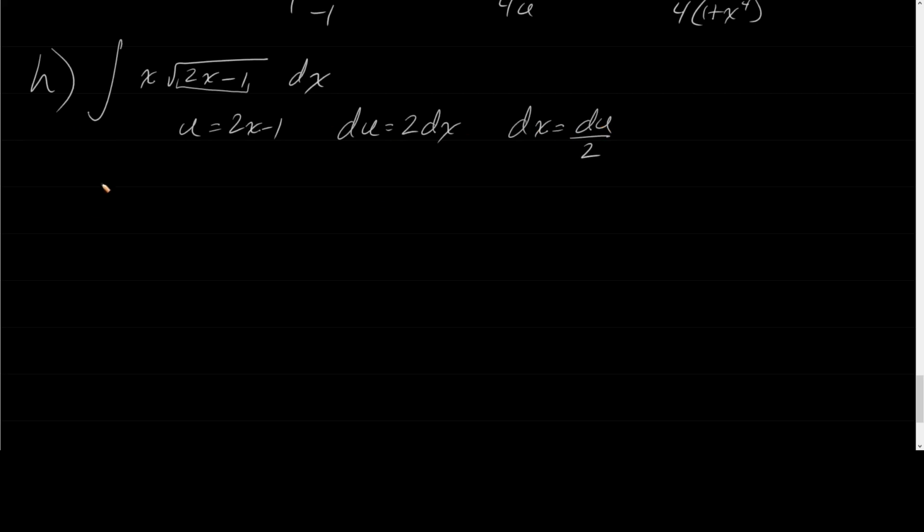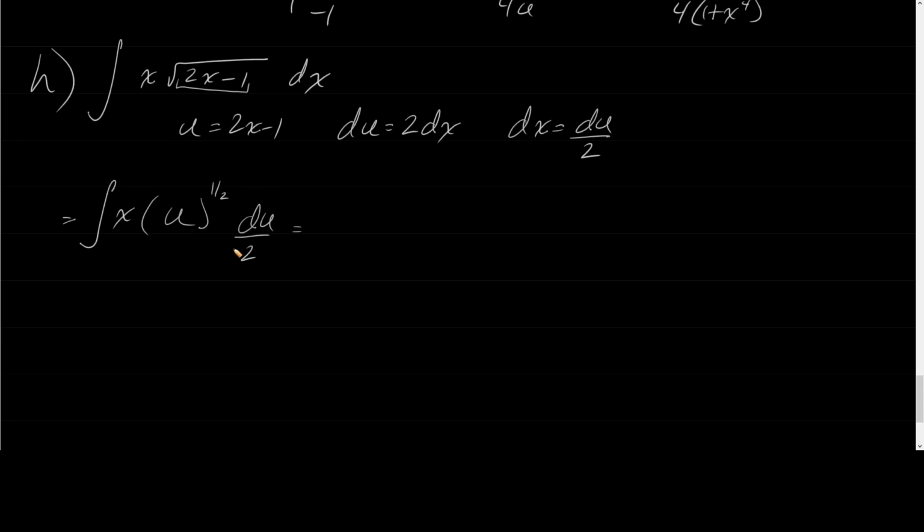Alright, so what does this become now? That tells me now that we have the integral of, we didn't use our x for our substitution, right? So x times the square root, well, I'm going to write to the power of 1/2. Instead of 2x minus 1, that was our substitution, so that's our u. Dx is du over 2.